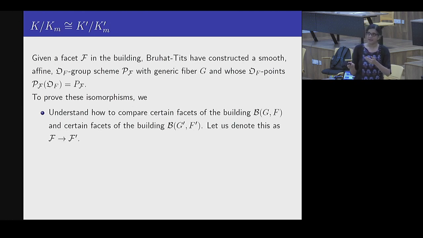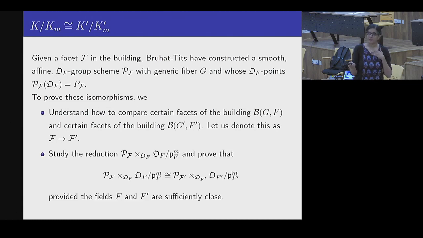And once we do that, we denote this map as F going to F prime. One has to study the reduction of this group scheme mod P_F to the m, and prove that these are isomorphic if the fields F and F prime are sufficiently close. And now when you take the O_F mod P_F to the m points, we get the isomorphism that P_F mod P_F to the power m is isomorphic to the corresponding object over the other field.